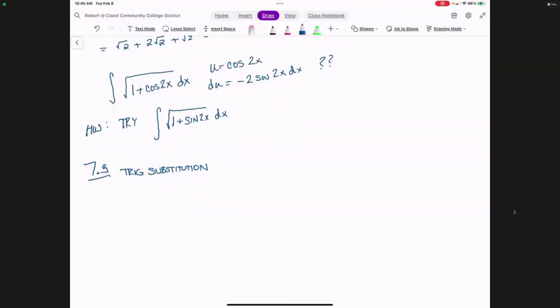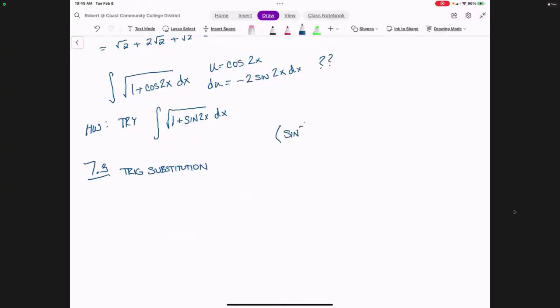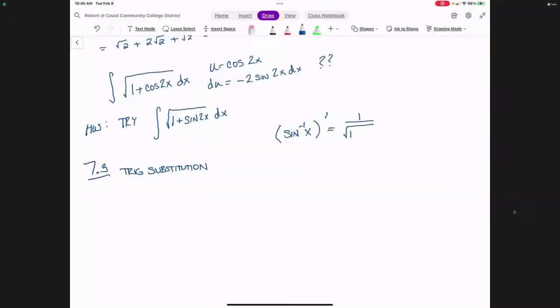Okay, so here's the story of how I learned that the derivative of sine inverse was 1 over square root of 1 minus x squared. You guys remember this? Right.